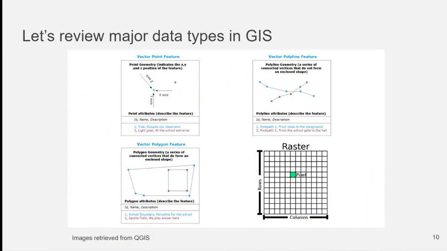Lines are connected points that have length. Polygons are also connected points, and we can calculate areas. Raster is another data type, and it has equally sized pixels that hold numeric values, such as temperature.